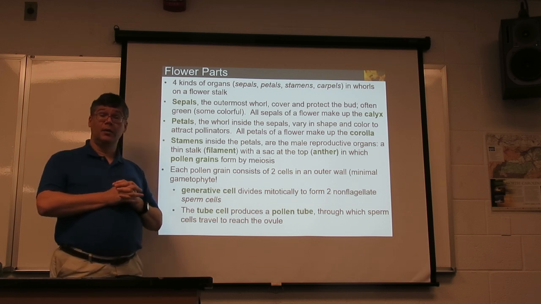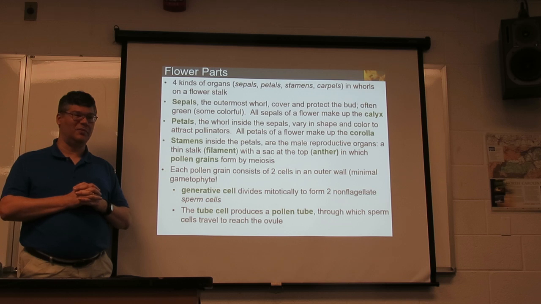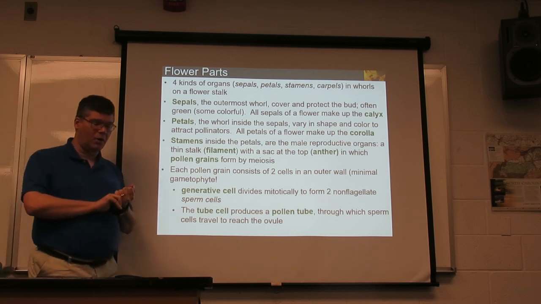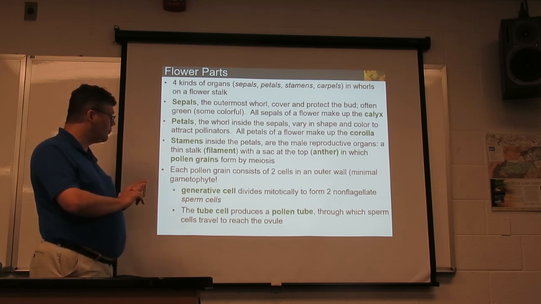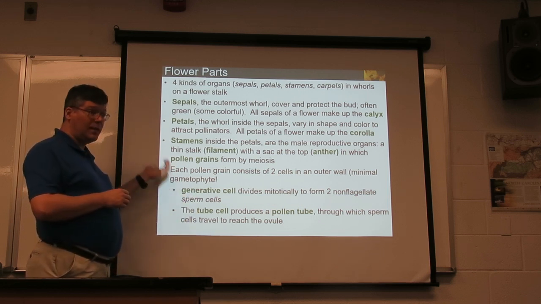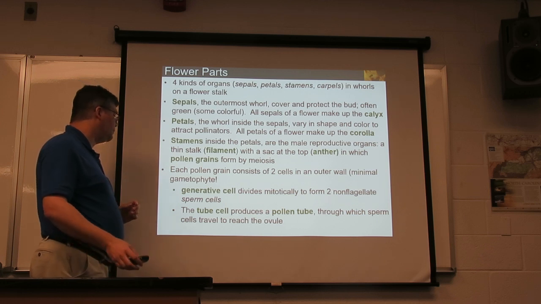A pollen grain has two reproductive cells plus an outer wall. So, well, it's multicellular, barely, two cells, for our haploid gametophyte, very, very reduced here. In moss, the gametophyte was actually the bigger, more prominent part. We've changed quite a lot from that in our seed plants.